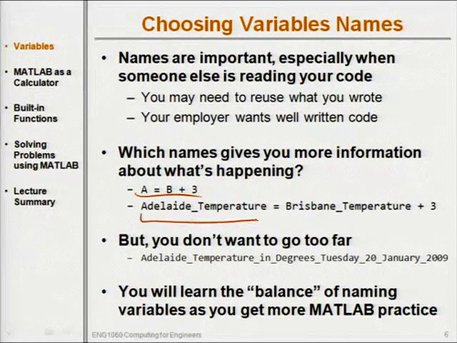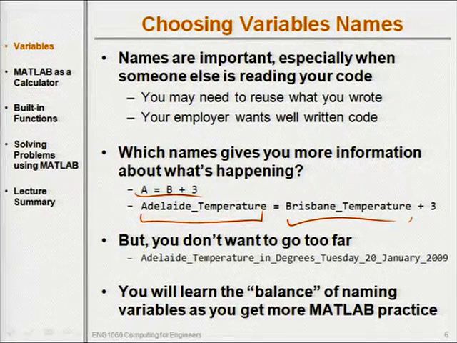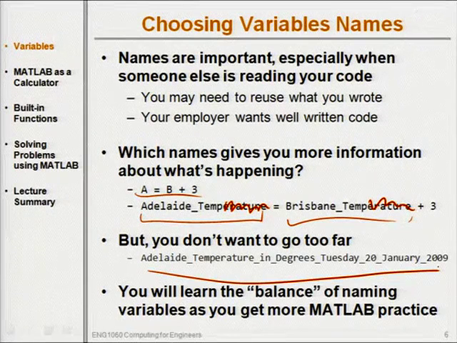However, if we write Adelaide underscore temperature equals Brisbane underscore temperature plus 3, now the code in itself makes more sense. You could even write Adelaide underscore temp if you want to shorten it, because you don't want to go too far, right? You don't want to have names like this, because then you're going to run out of lines on your screen.